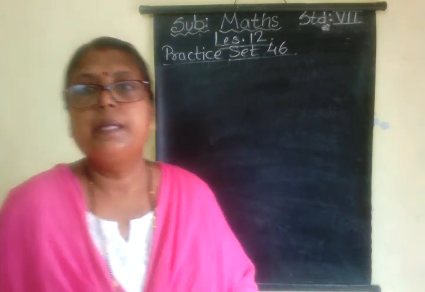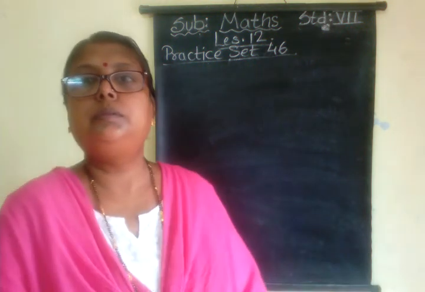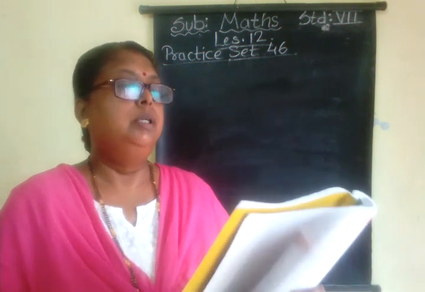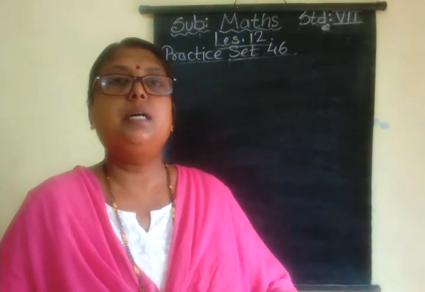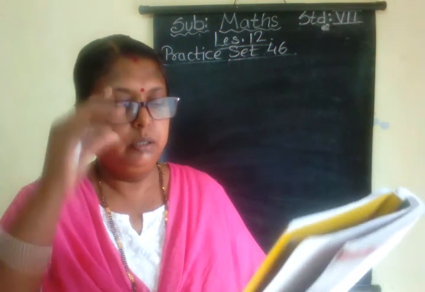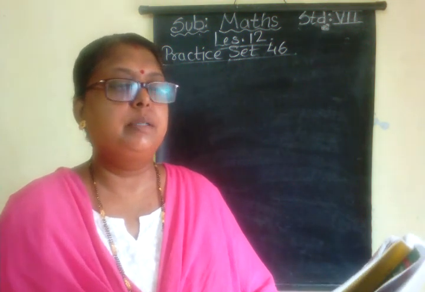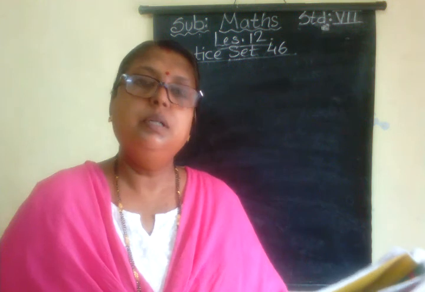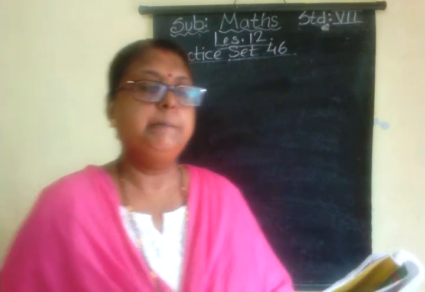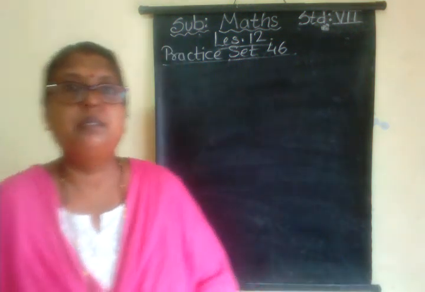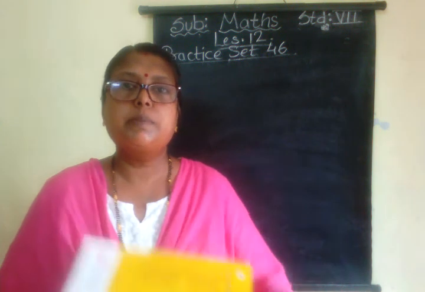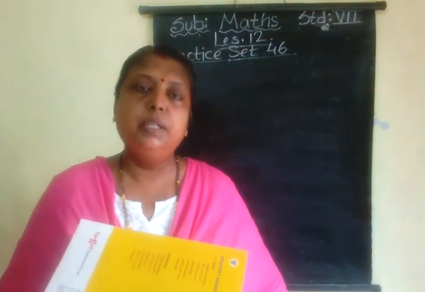Okay. The sum is a little bigger one. So these two sums, sum number 4 and 5, we will do in our next lecture. Okay children? In the next lecture I will explain it. So learn this much for today. Have fun. Thank you.